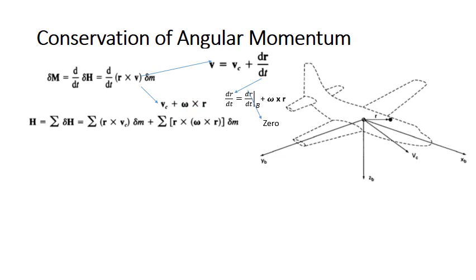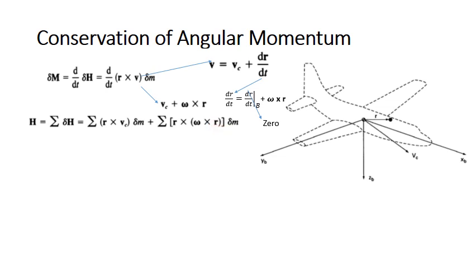The total moment of momentum can be written as follows: h equals the summation of the infinitesimal angular momentum, which is equal to the summation of r cross Vc times delta m plus the summation of r cross omega cross r times dm.